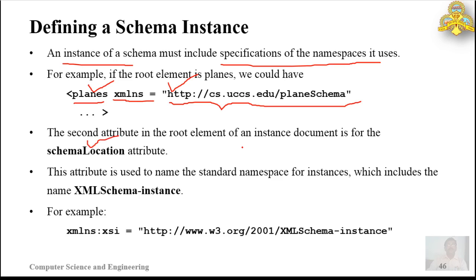So I am creating an instance of that specification, that is the schema location, and for that schema location we have to use the attribute from the XML schema instance. In the XML document it is XSI, and it is according to the definition provided by the w3.org XML schema hyphen instance. So these are the terms you should remember.